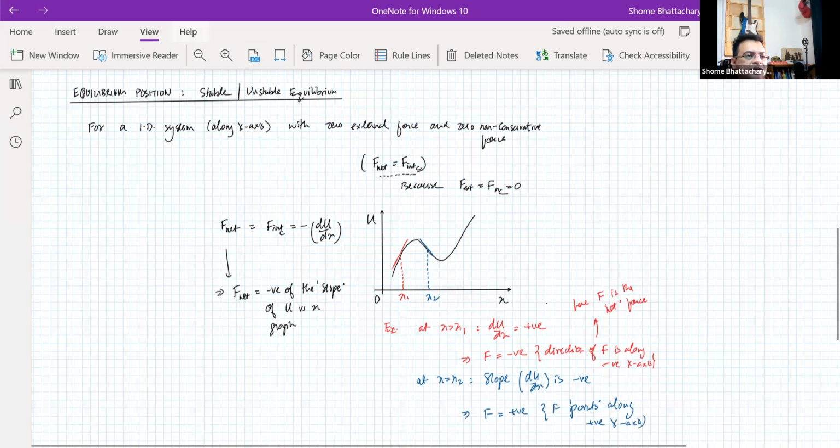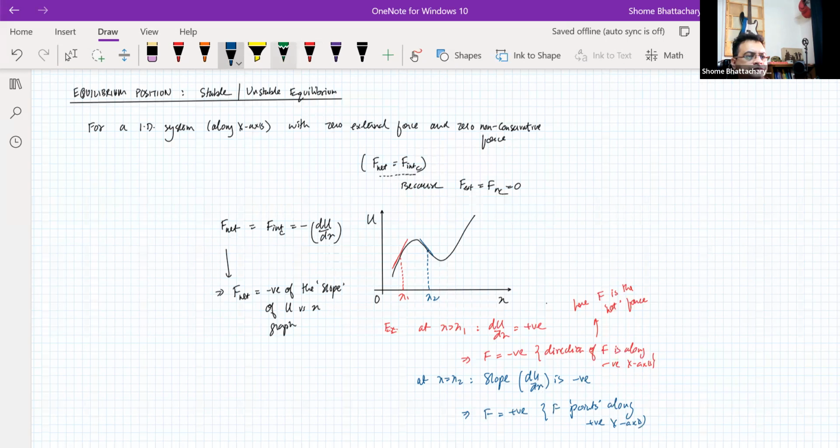Okay, now additionally you can see that if you look at this point, the slope here is 0. Or if you look at this point here, the slope is 0.